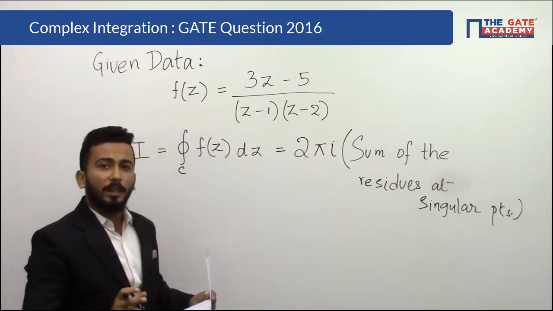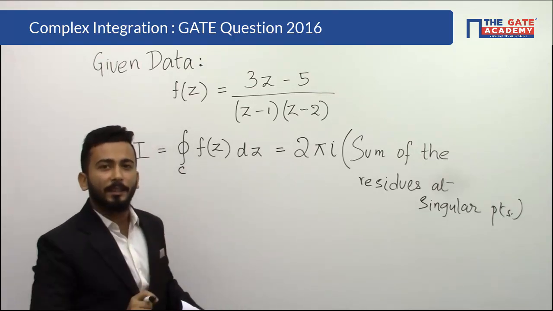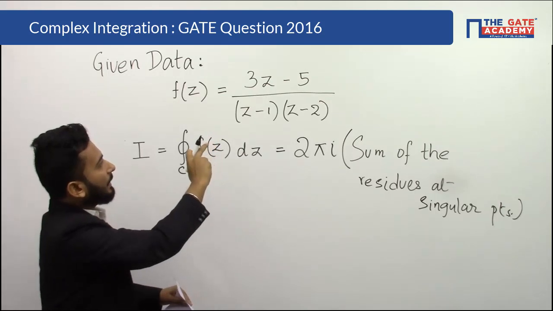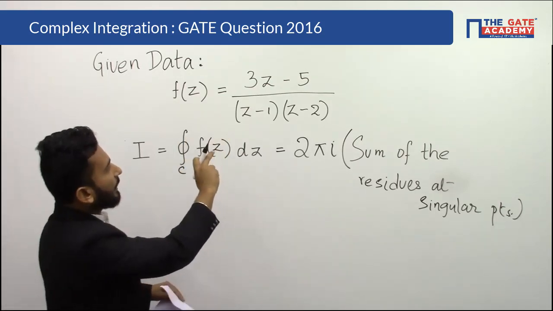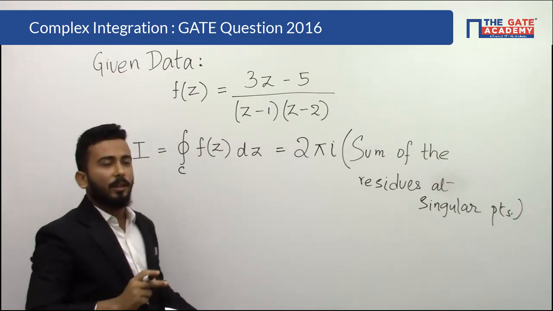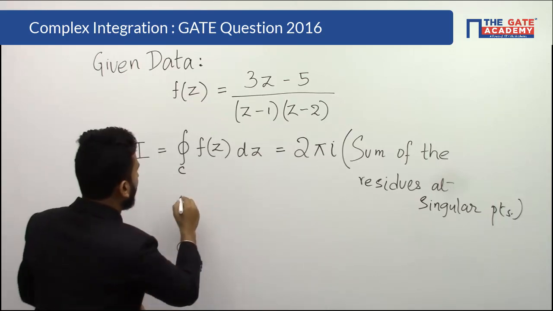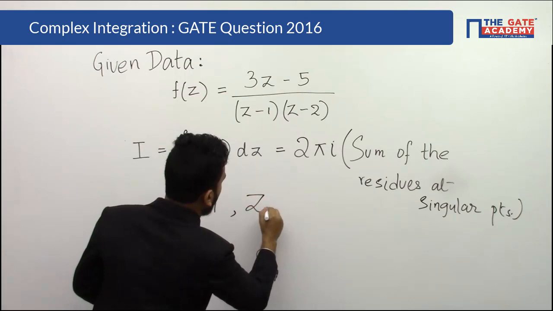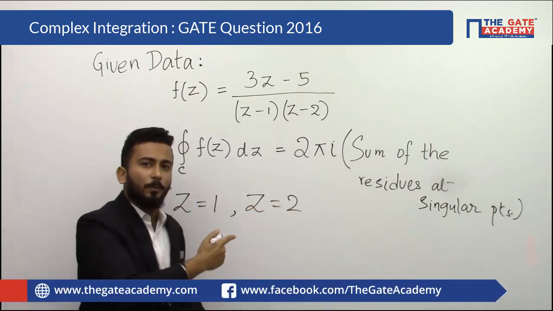So first of all, we need to determine what the singular points are here. As we can see from the function, the denominator will give an undefined answer for z is equal to 1 and z is equal to 2. So these are my singular points.